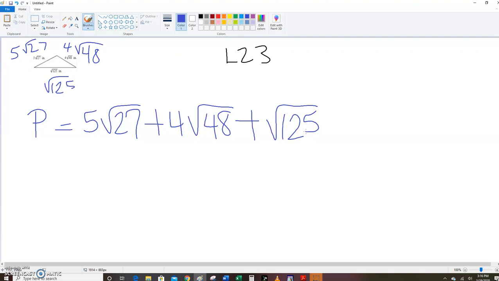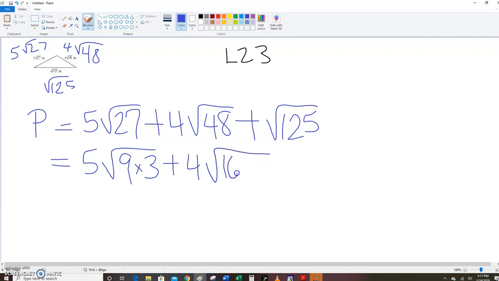And break down each radical if possible. 27 we can break down as 9 times 3. 48 we can break down as 16 times 3.